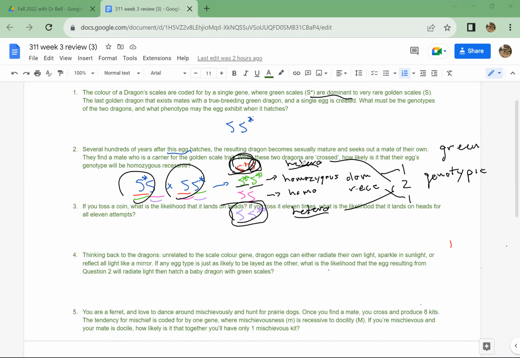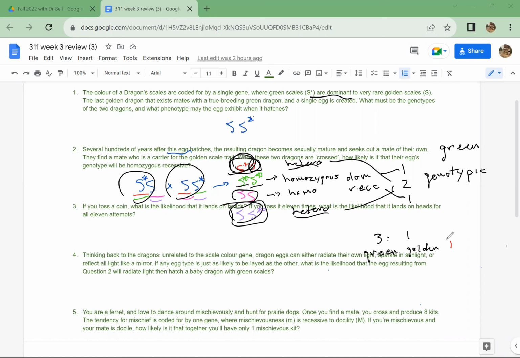So if any heterozygote is green and any homozygous dominant is green, that would be 3 of the 4 individuals being green. And one individual, this homozygous recessive, has no star alleles. Both of their alleles are golden recessive, and therefore they show up as golden. This is very elementary, but I thought I should articulate it just in case.